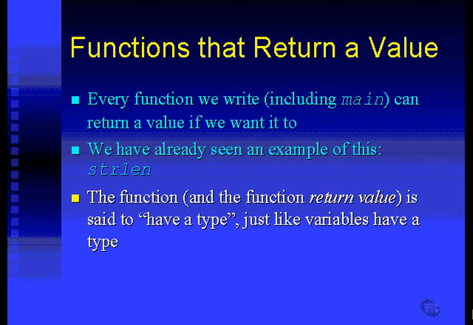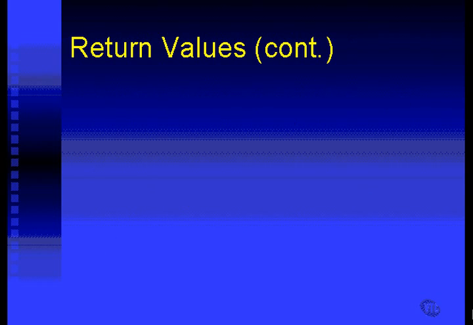And so we end up with things like integer functions, and double functions, and float functions, and char functions, and so on. To say that the function has a type says that the function's return value has that type. Or to put it another way, that will be the type of the value that you get back from the function.